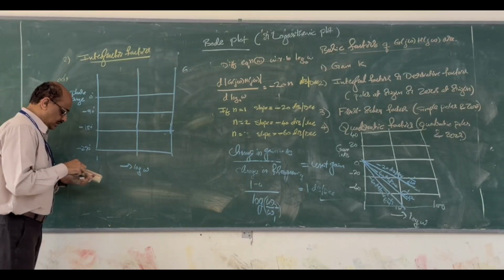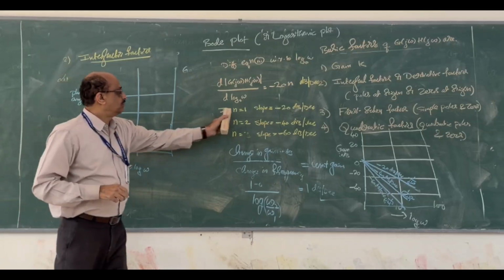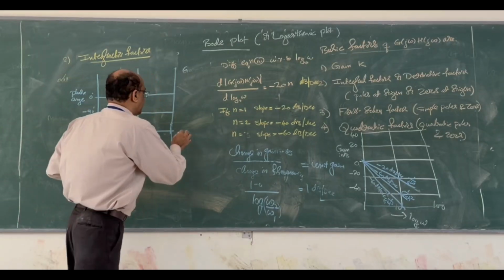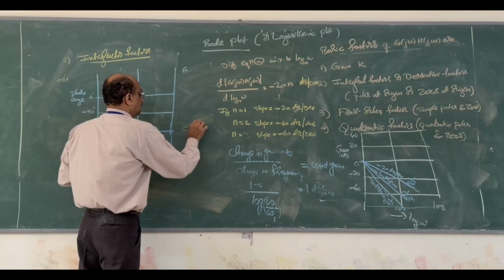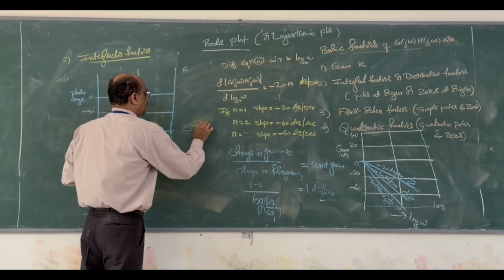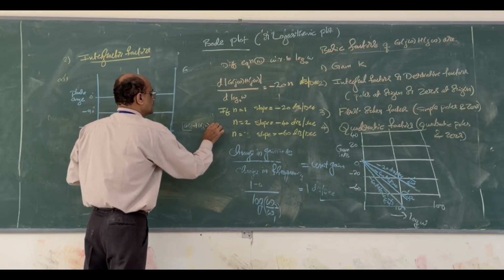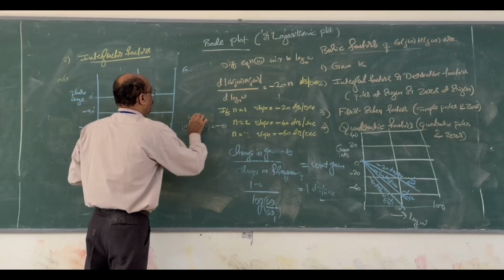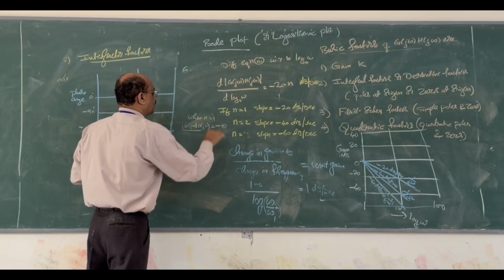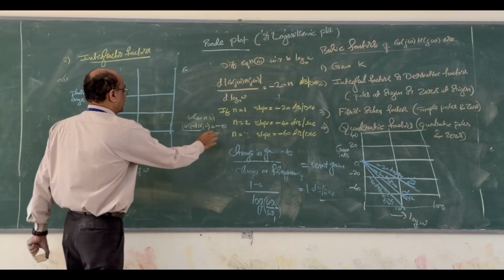So here, corresponding to the pole at origin, the phase angle of G(j omega) H(j omega) is equal to minus 90 when n equal to 1. So one pole at origin, minus 90.